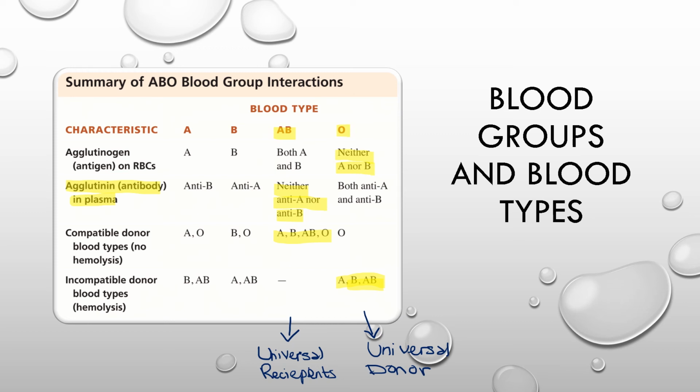Type O persons requiring blood, though, can only accept blood from other type O blood groups. This is because they have both anti-A and anti-B antibodies in their blood plasma. So if they get blood from an A blood type, their blood plasma is going to attack and kill those donated red blood cells.